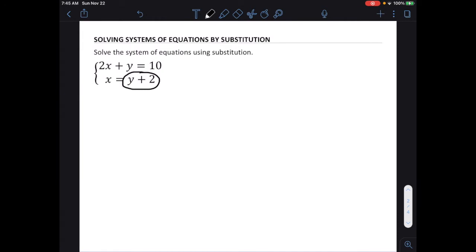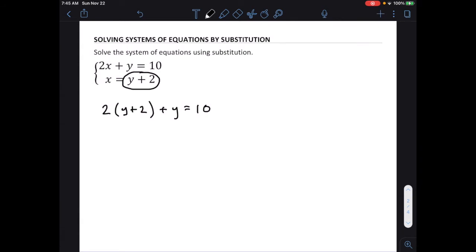So we're going to take 2x plus y equals 10, and rewrite it as 2 times (y plus 2) plus y equals 10. By doing so, we eliminated the x, so now we only have y's in our equation, and we can then solve this equation for y.